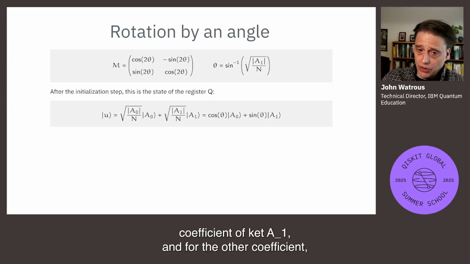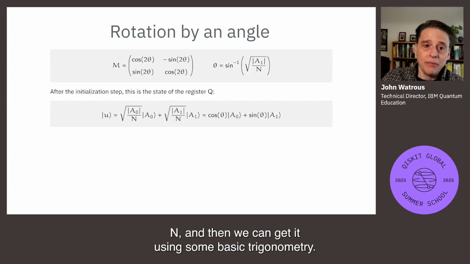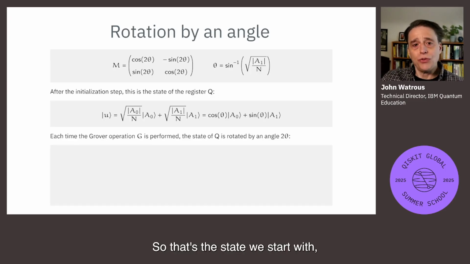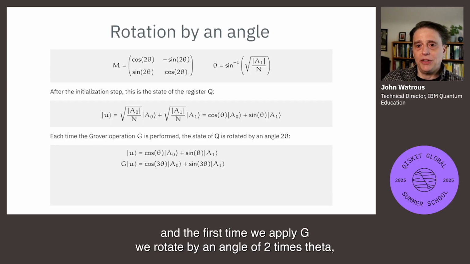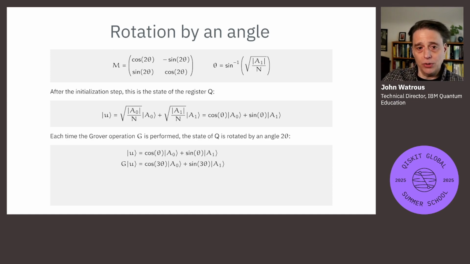That's clear for the coefficient of ket A1, and for the other coefficient, we just need to observe that the size of A0 plus the size of A1 is n, and then we can get it using some basic trigonometry. So, that's the state we start with, and the first time we apply G, we rotate by an angle of 2 times theta, so the angle becomes 3 times theta in total.